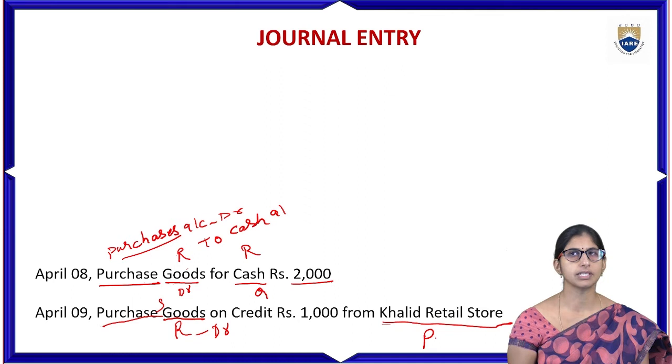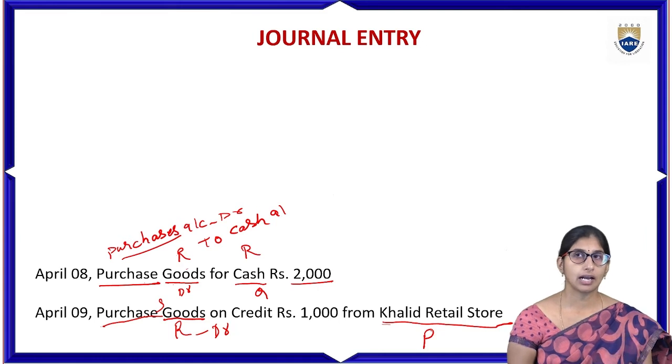So according to personal account, debit the receiver, credit the giver. Here, Khalid the retail store is giver or receiver? He is giver. So Khalid retail store is giving to us. So we have to credit.